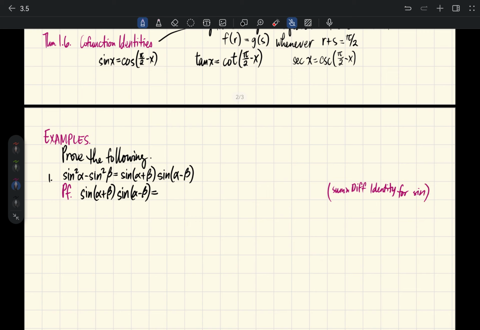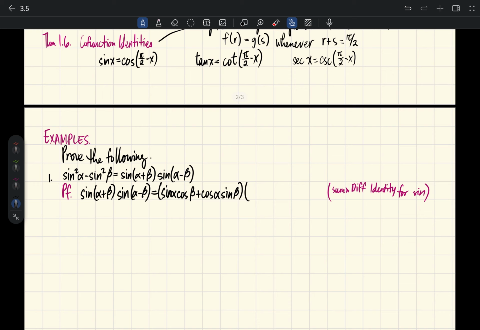So first, for the sum, we have sine of alpha times cosine of beta, and since this is the sine function, we will just copy the sine here. So plus cosine, sin cos cosine. Okay, correct so far.